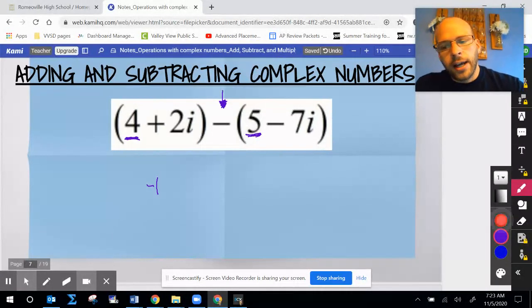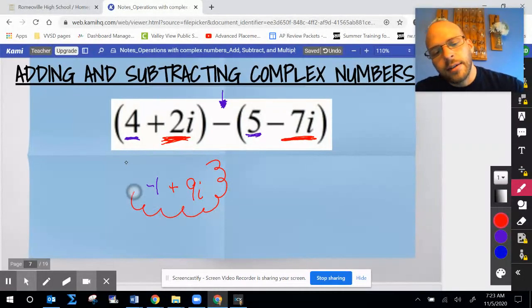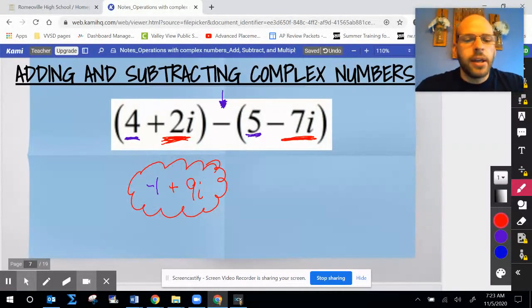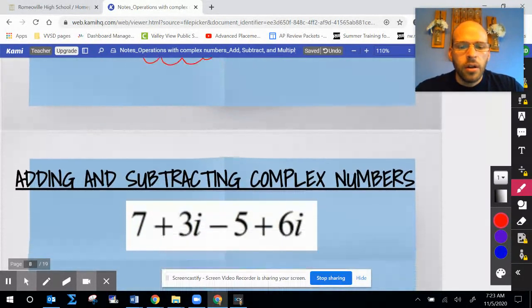And then 2i minus -7i. Now be very careful with your negatives here. If you do 2 minus -7, that would be 9i. And that is my imaginary number, -1 plus 9i.